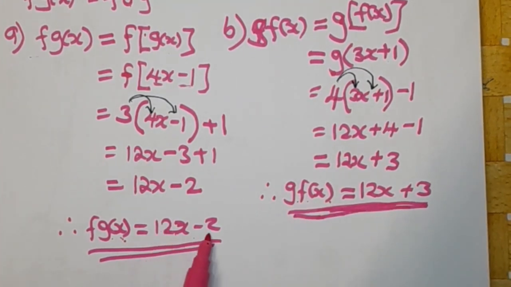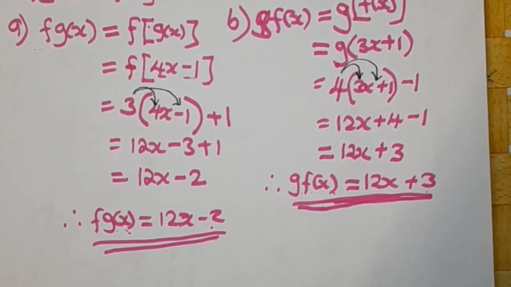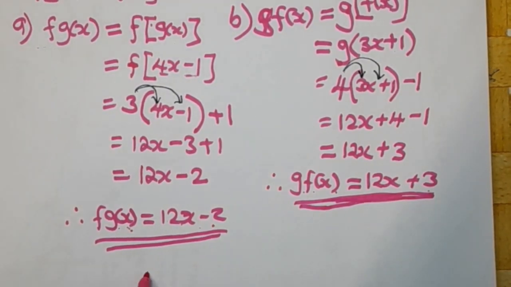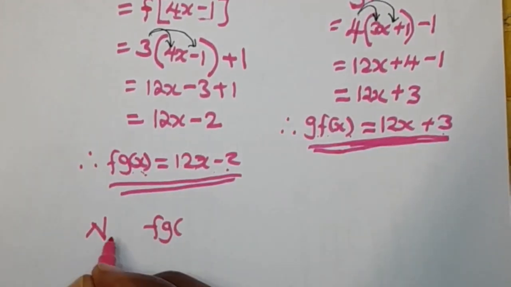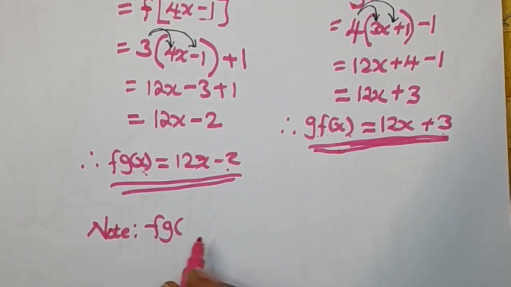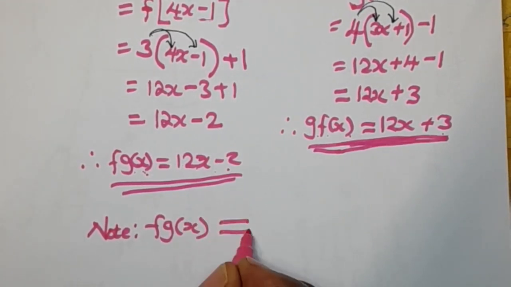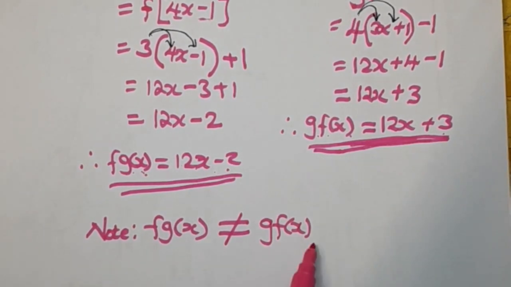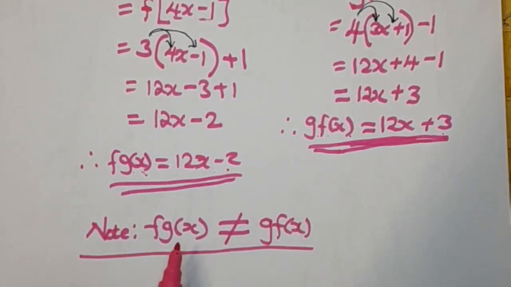Here you have 12x minus 2, and here you have 12x plus 3. So in conclusion, in general, f of g of x is not equal to g of f of x. So you have to note this. If you have a function like this, it is not going to be equal to that.